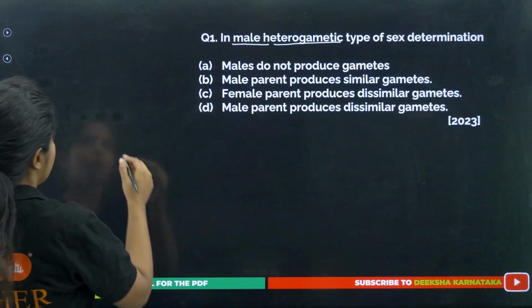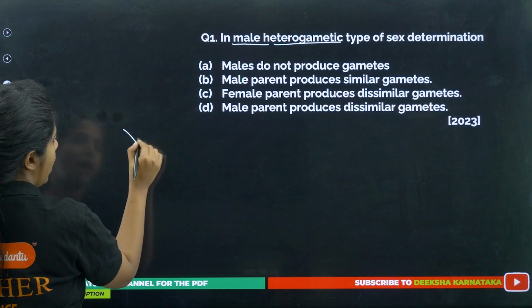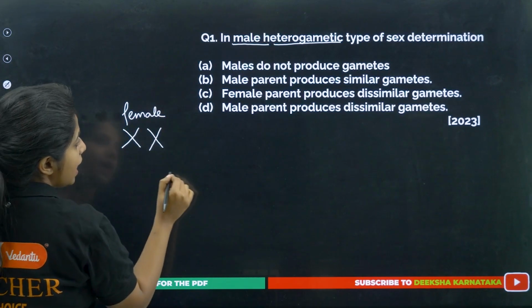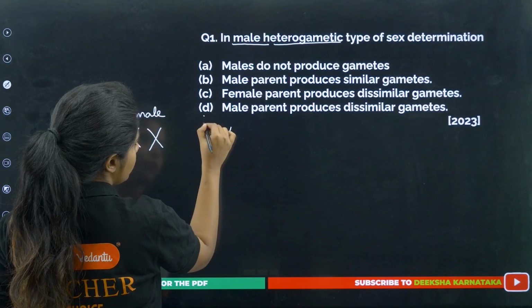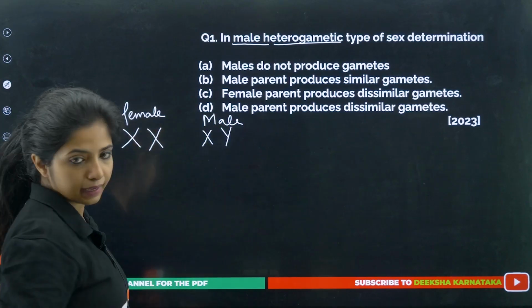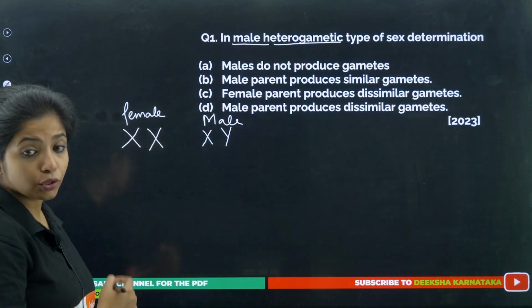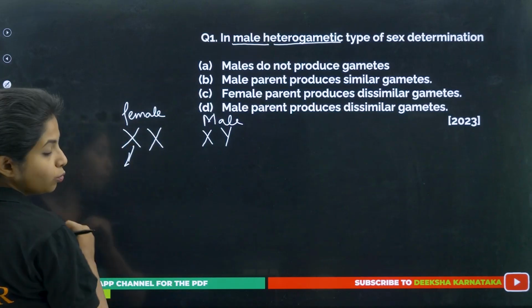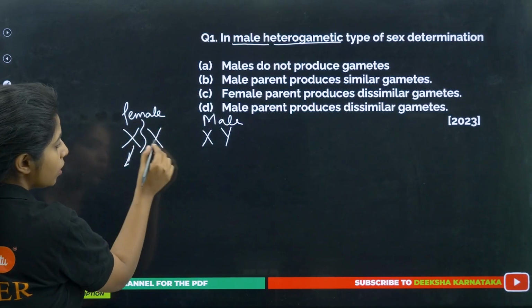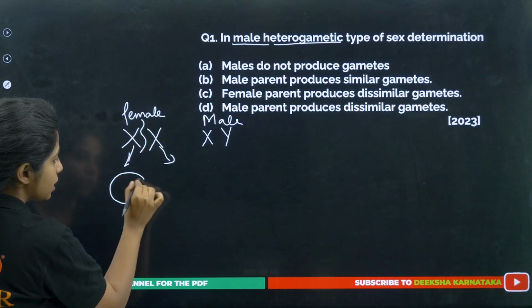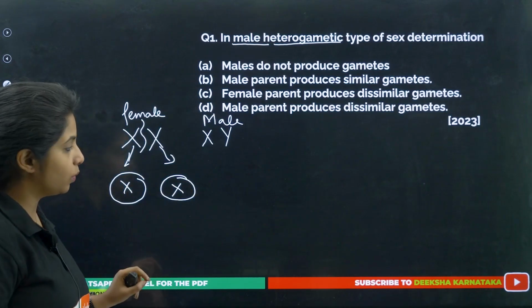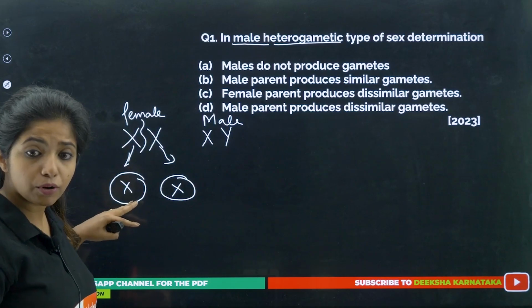Suppose the female has 2 X chromosomes and the male has 1 X and 1 Y chromosome. Now when they form gametes, only one of these chromosomes goes to one gamete. Either way, in the female it will be X only in the gametes. So the type of gametes being produced is the same.